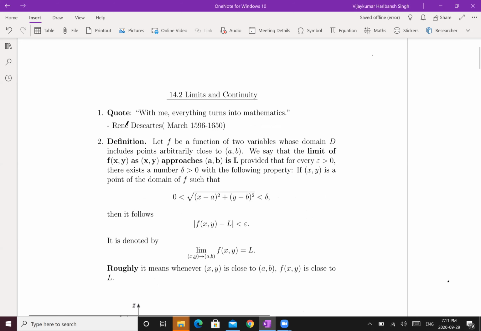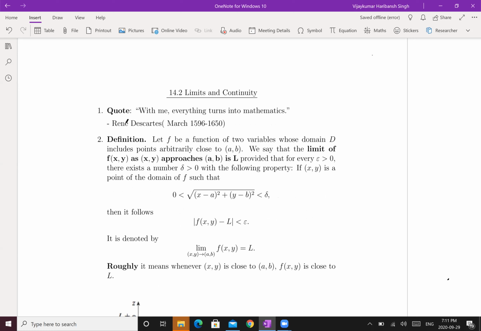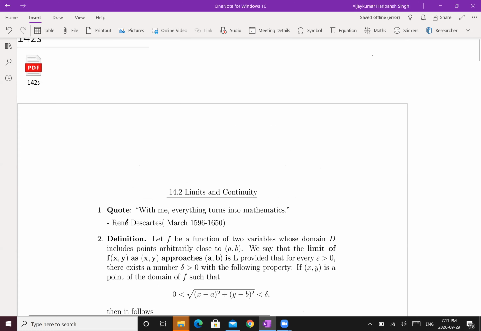So let's get back to limits and continuity. Recall, what does it mean for f to have a limit? The limit as x goes to a of f of x equals L. If you drew the diagram, this is how it looked.